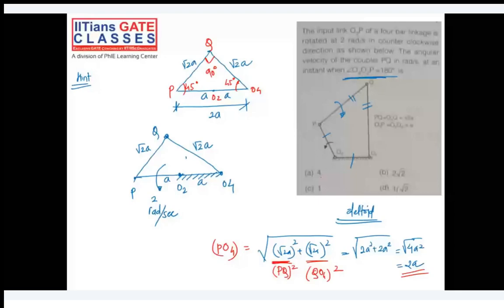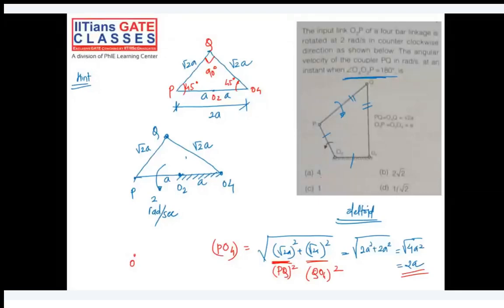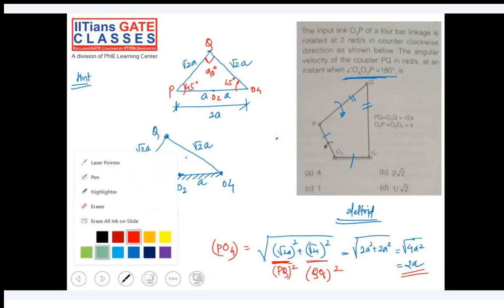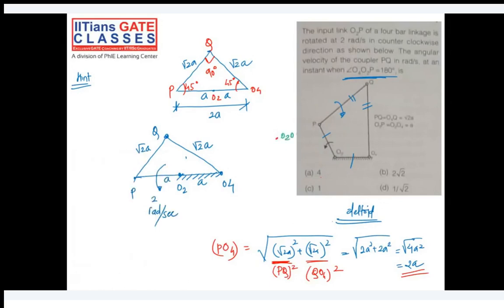So, for example, this is O2, O4 is fixed. Okay, let me use some other pen. O2, O4. Then the velocity of link O2P will be in this direction.